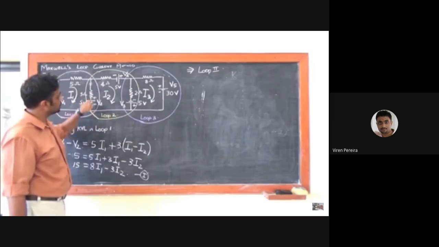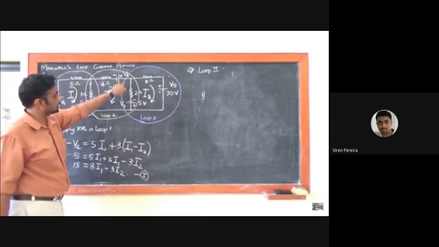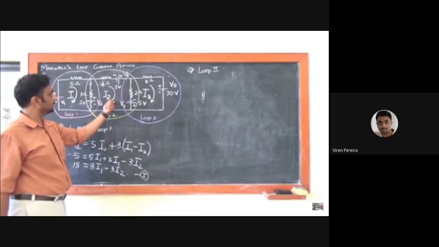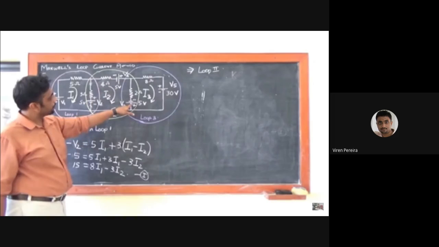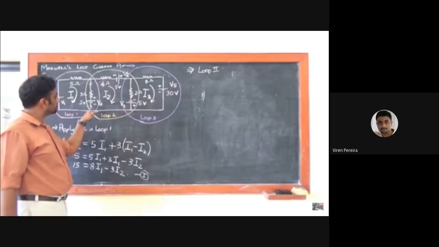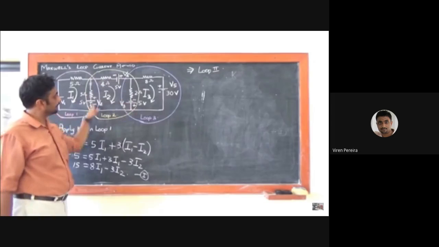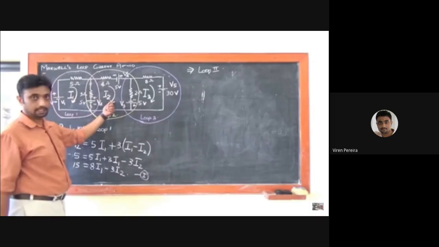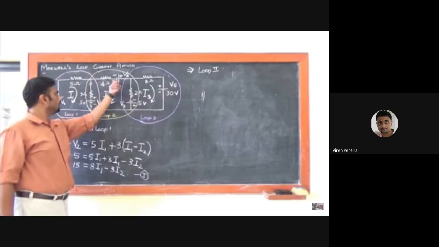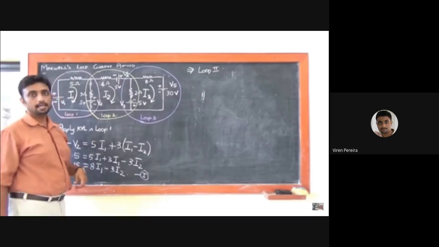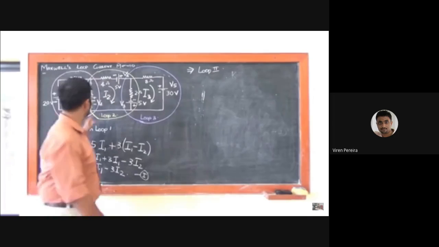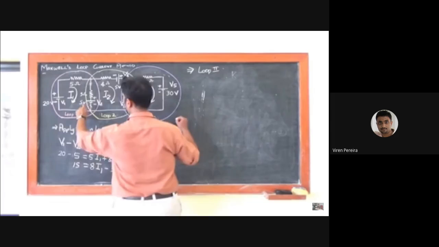So what is the direction? It's clockwise. So it is matching with I2. This also is addition. What about V3? Positive to negative. Again, it is clockwise, which is matching the I2 direction. So all these voltages will be in addition.